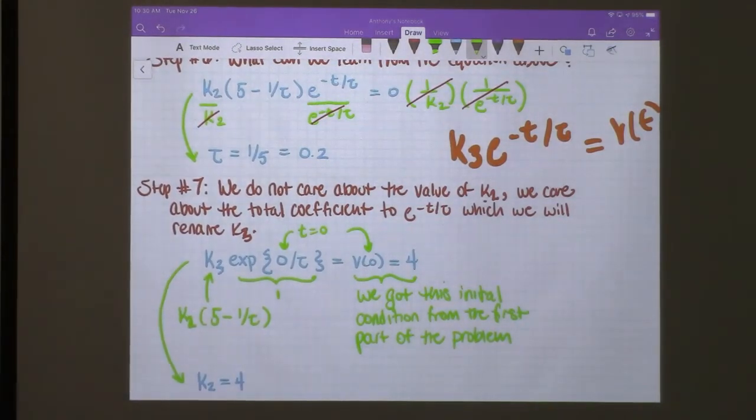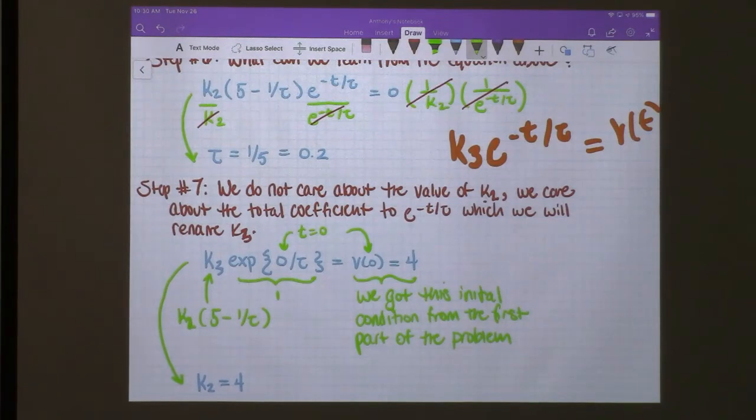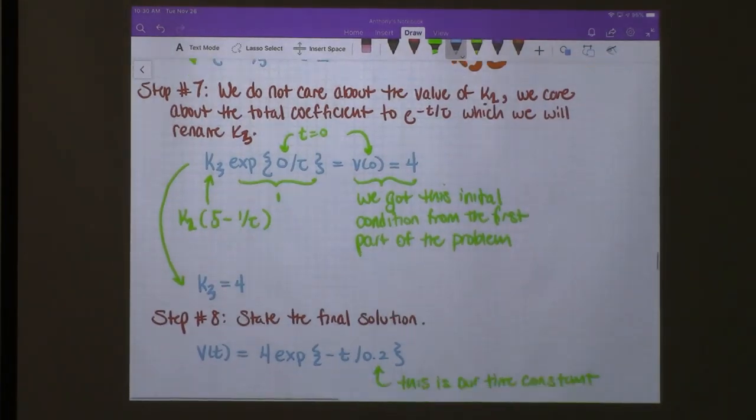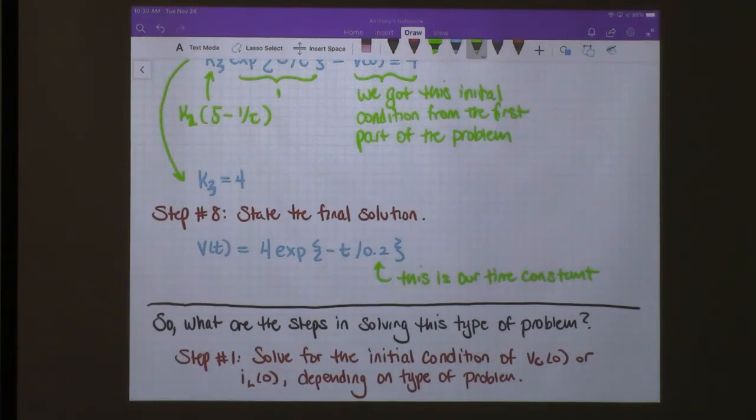And we know what tau is. Tau is given to us. Actually, we don't need it anyway, and we solve and we end up with K3 equal to 4. And then we have everything we need. We can state our final solution.